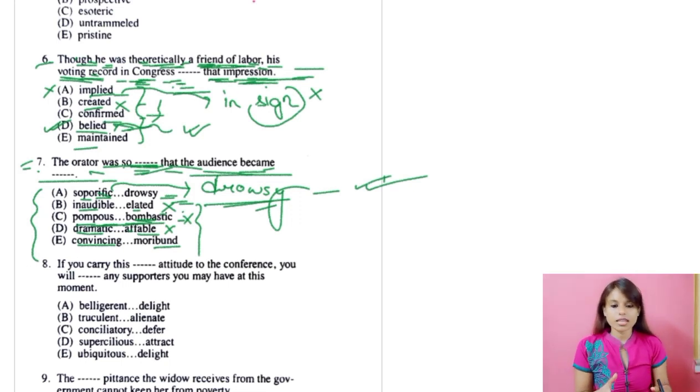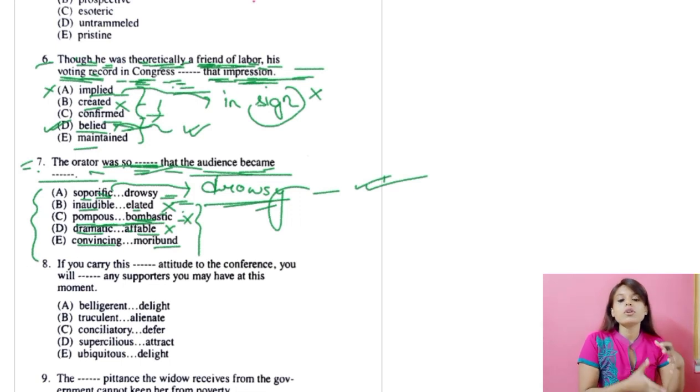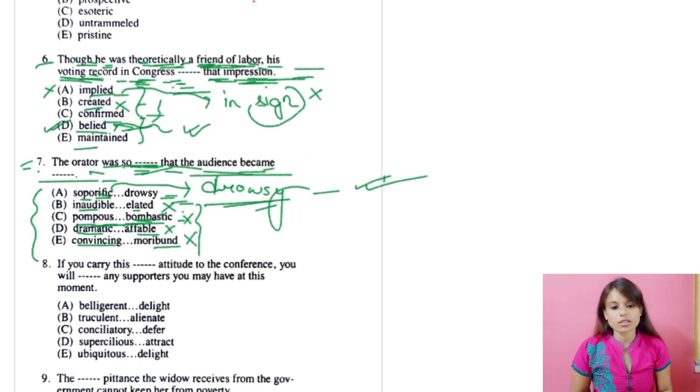Convincing means you are making a lasting impression and persuading the audience, while on the other side the audience is not able to tolerate your speech anymore. So it makes no sense. Once again, they are talking about opposite things, so this is also crossed. So number A would be the correct option over here.